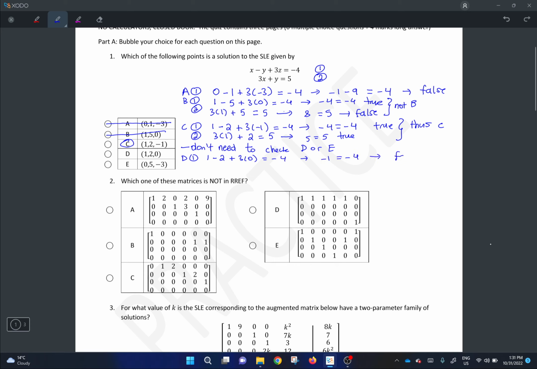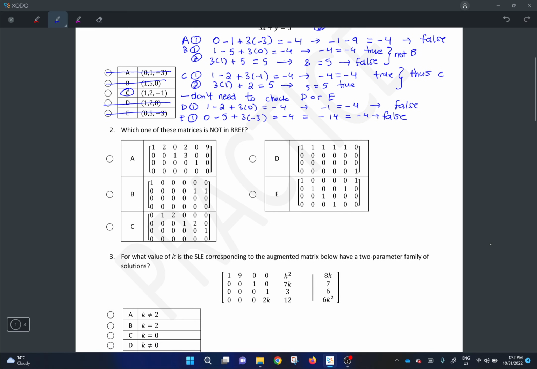That's false. So it can't be D. And then option E, the first one, we get 0 minus 5 plus 3 times negative 3 equals negative 4. Negative 14 equals negative 4. False. So it can't be E.